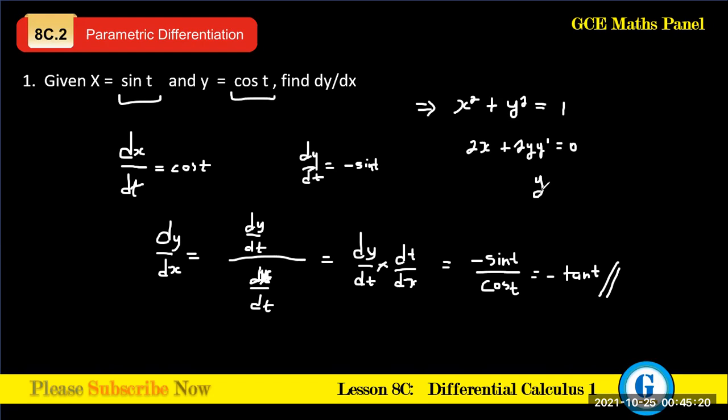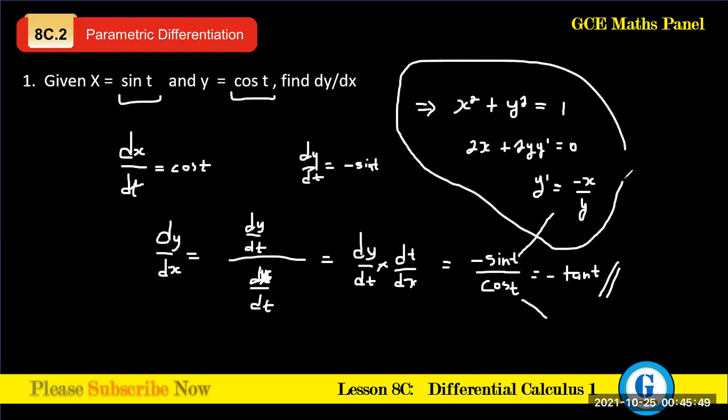And from here, y prime will be equal to minus x on y, where our x is equal to sine t, which is the same thing that we have here, and our y is equal to cos t. So you're going to have the same answer. Okay? So there are two methods that this question can be answered. You can either use the first method or use the second one.